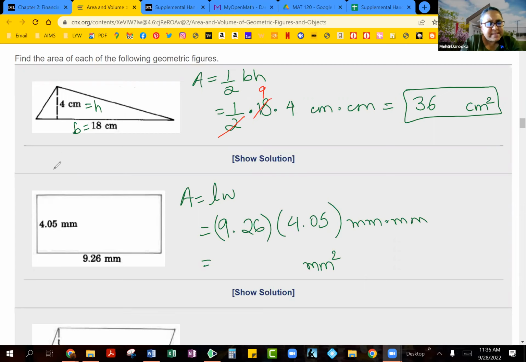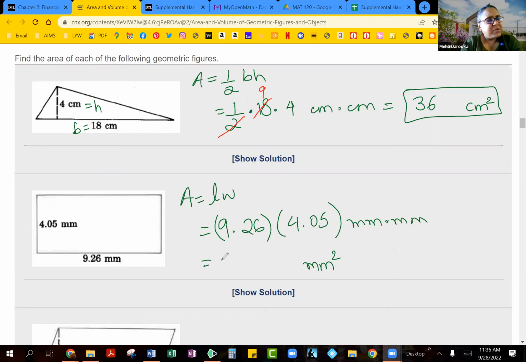So again, in this case, since they're not really telling us how they want us to round, and sometimes even in my open math, they don't really care about rounding. Sometimes there are instructions, sometimes there aren't. So, when in doubt, keep all of your decimals. Brooks, that looks very good. So you're multiplying 9.26 times 4.05.